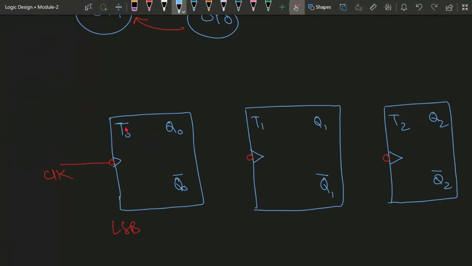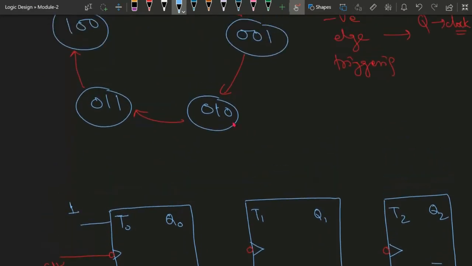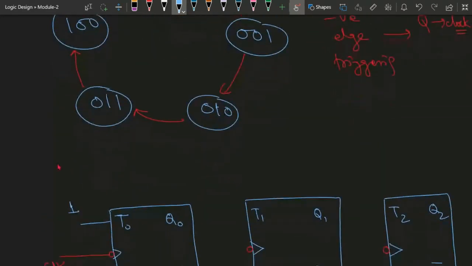One more thing: the inputs are always 1.